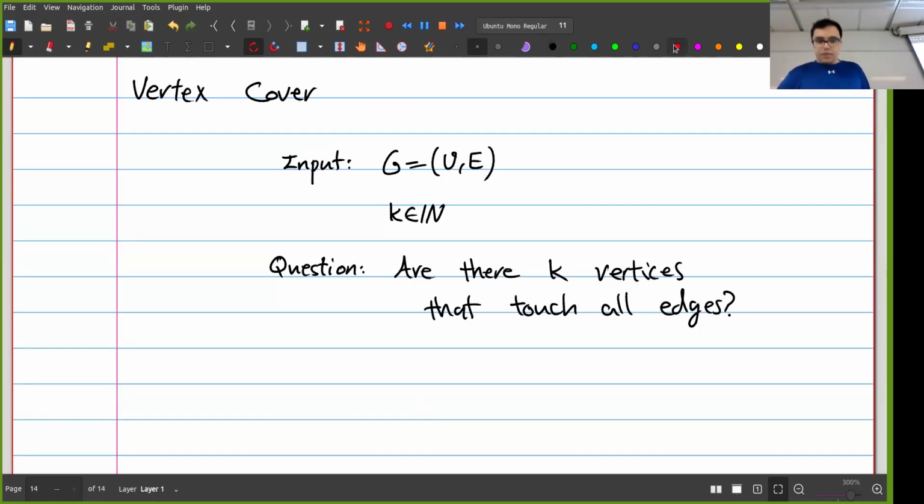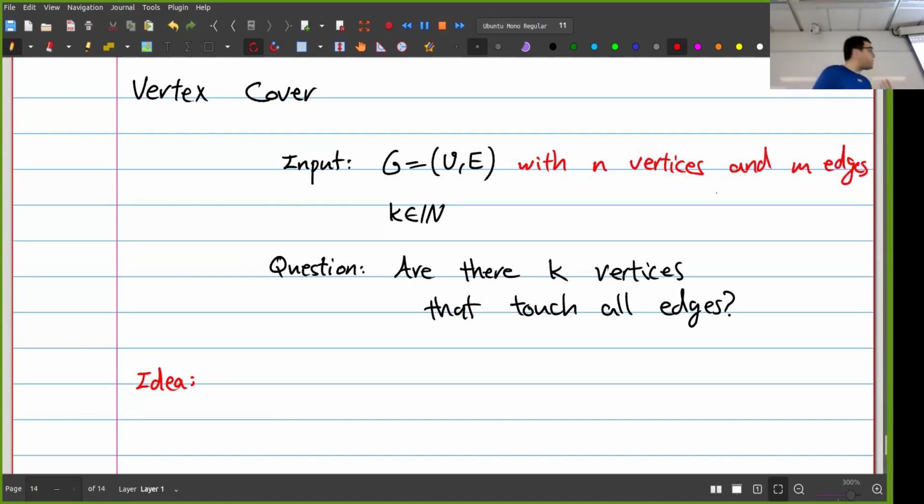So here's a very simple idea. Let's say I try all the possibilities. So I have this graph. Let's say this is with n vertices and m edges. And the question is, is there a set of k vertices such that they cover all of the edges?